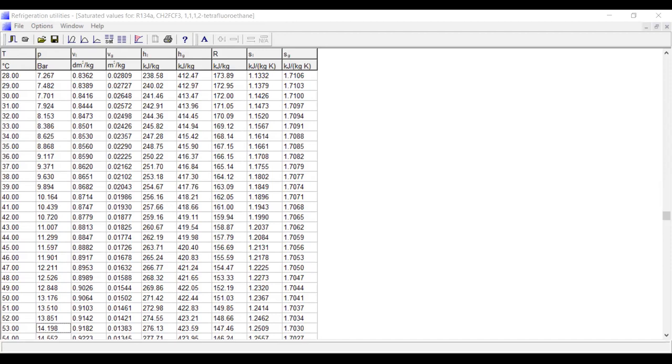And for different pressure levels, for different substances, when that is in two-phase, same as the steam table, saturated water and steam table, you can have a saturated vapor and liquid table, saturated values. So this is for R134.